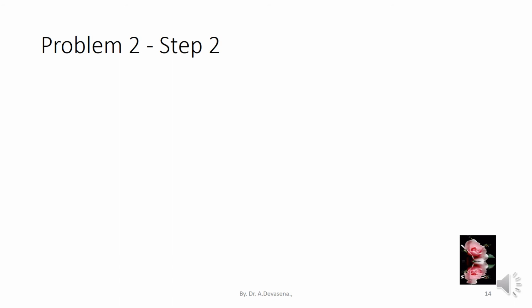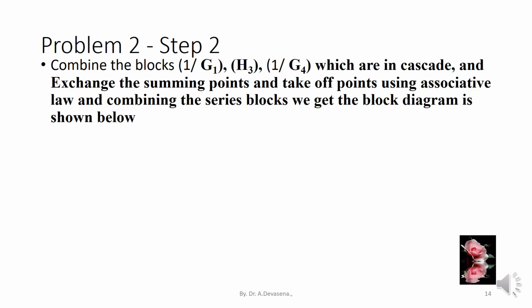Step 2. Now the blocks 1 by G1, H3, 1 by G4 are in cascade. So we have to combine these blocks 1 by G1, H3 and 1 by G4 with the help of the rule: combine the blocks which are in cascade and exchange the summing points and the takeoff points using associative law.